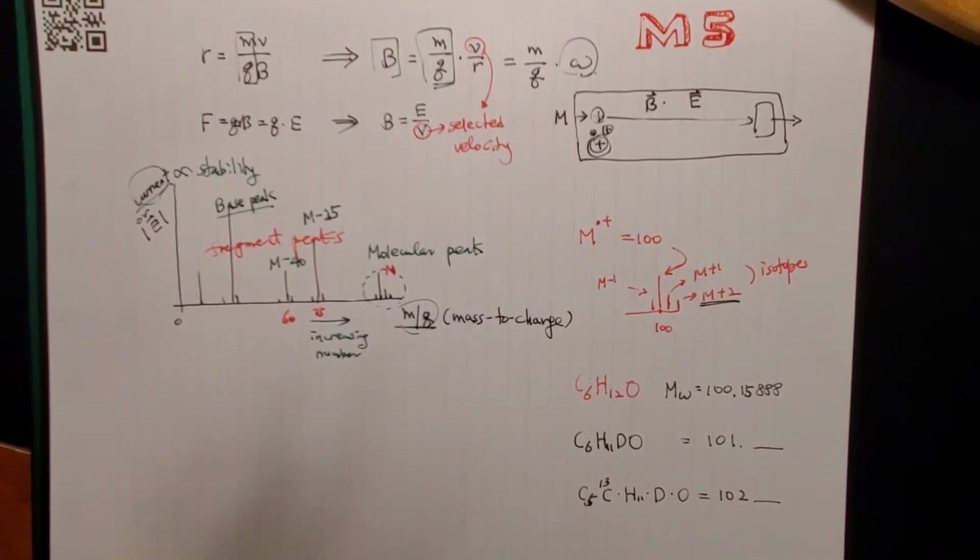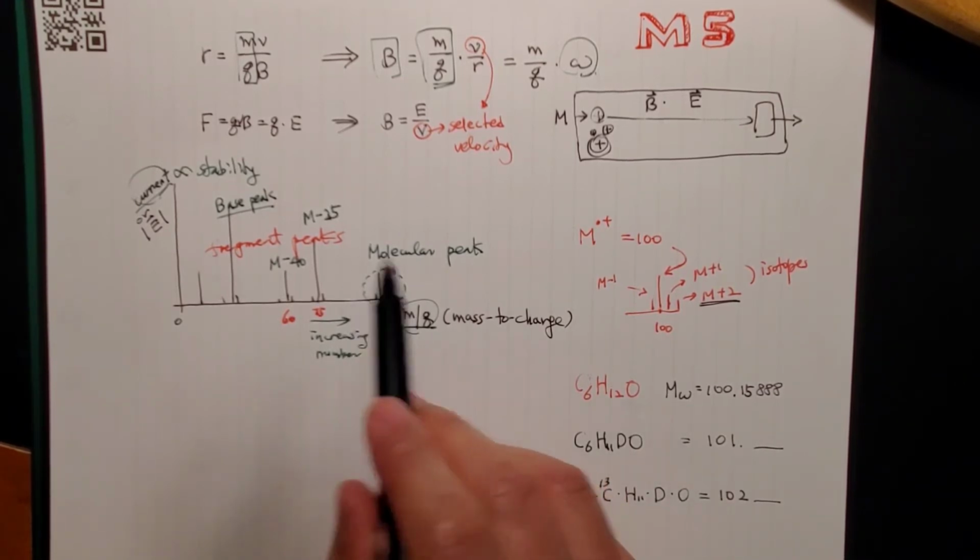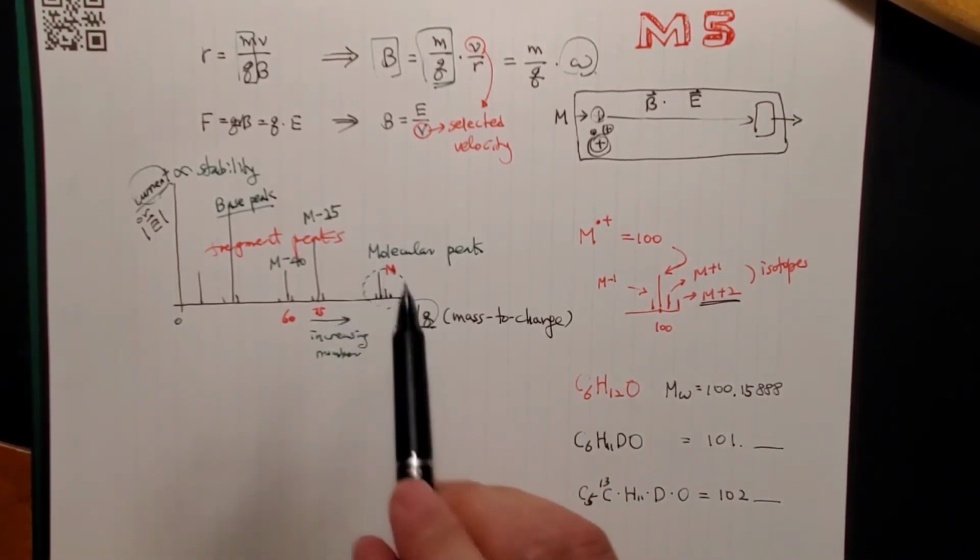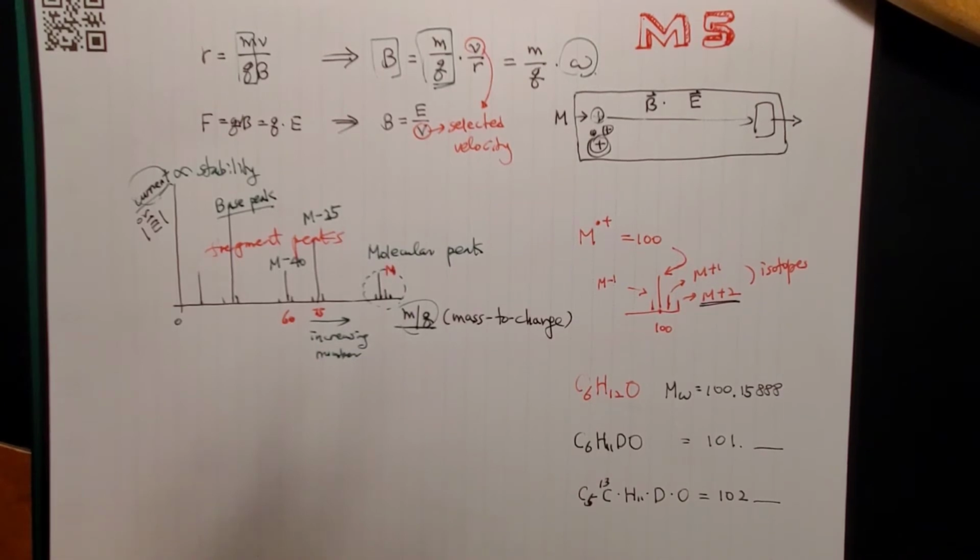So when you see the mass spec, you check the molecular peak and make sure it is indeed a molecular peak. You may miss this peak sometimes. Then check that the charge is +1, which is normally the case, especially for sophomore organic chemistry students. You don't need to really worry about this charge.